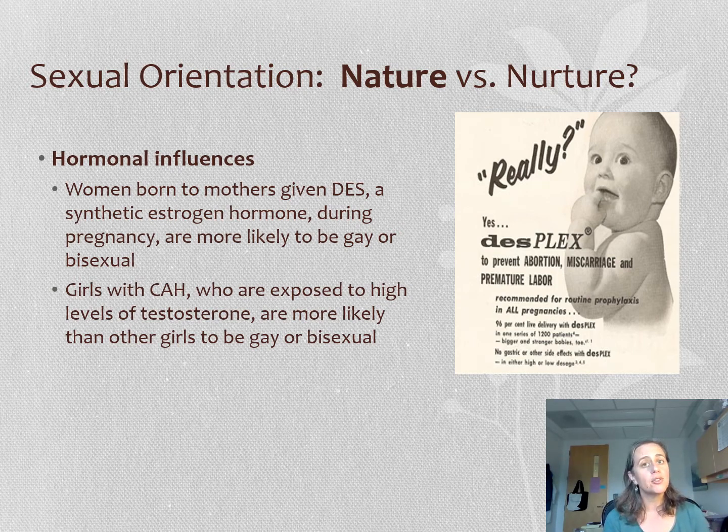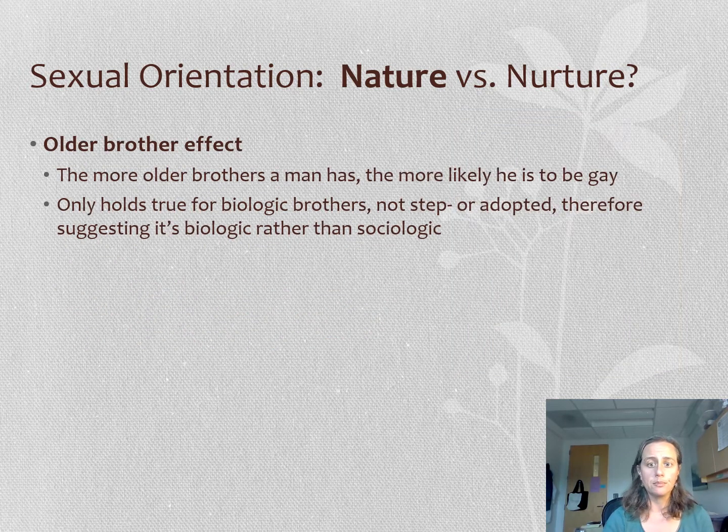Also, remember the girls with congenital adrenal hyperplasia? XX individuals with extra testosterone are also more likely than other XX individuals to be gay or bisexual. So there is some evidence to suggest that hormones might play a role in how your sexual orientation gets coded in the brain.